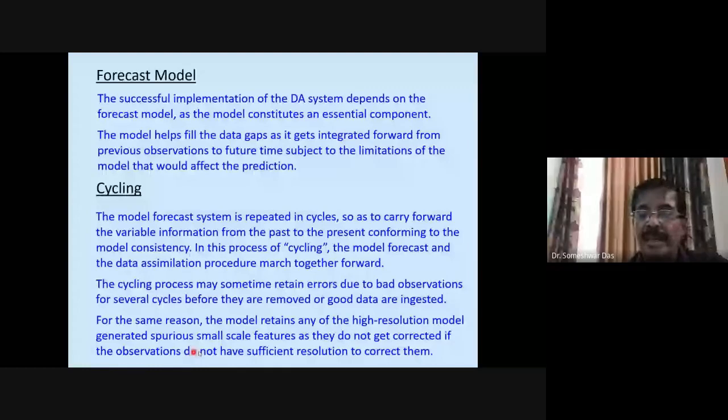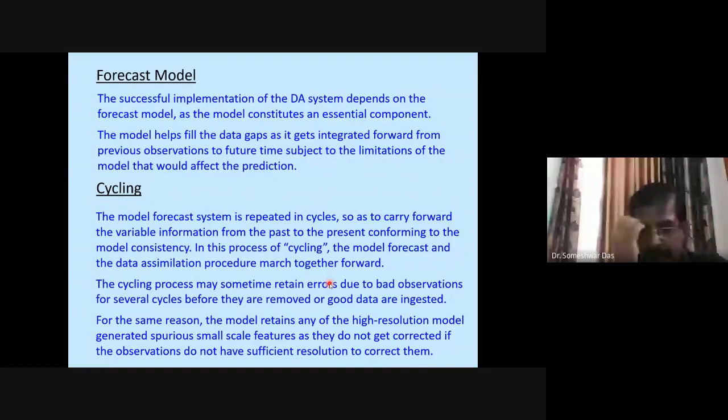For the same reason, the model retains any of the high resolution model generated spurious small scale features, and they do not get corrected if the observations do not have sufficient resolution to correct them. This is related to resolving the subgrid scale processes, right? Suppose suddenly something happened at the grid point closest to you, which was not reported in the observation.